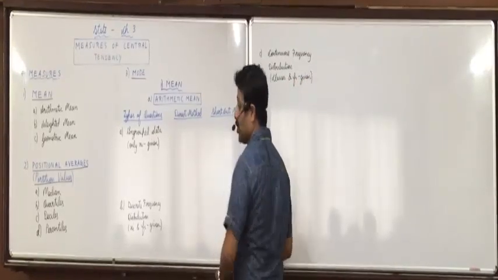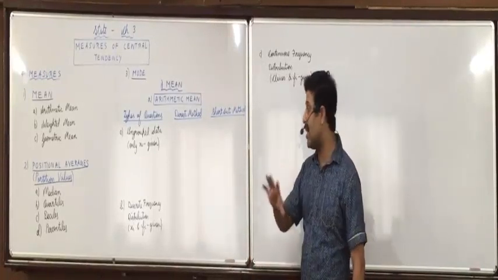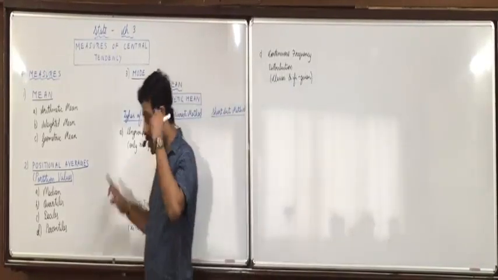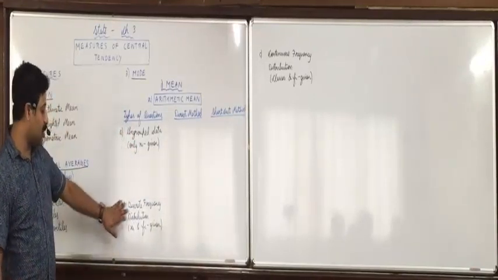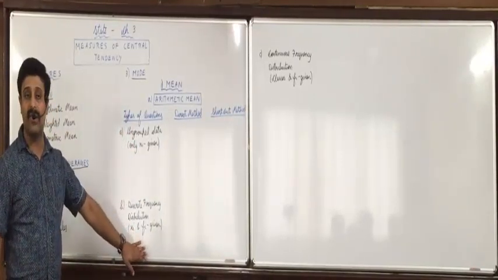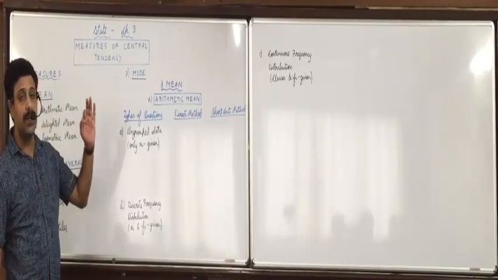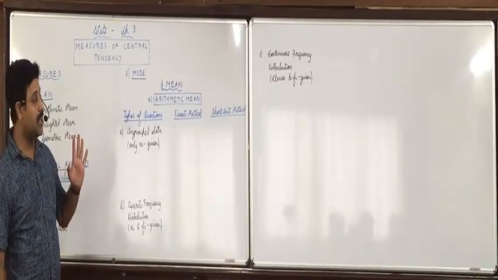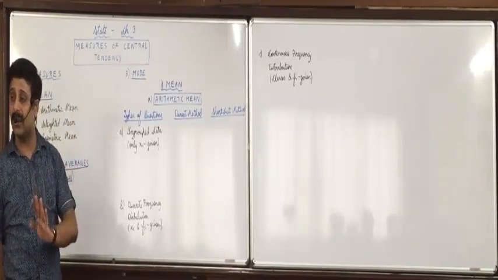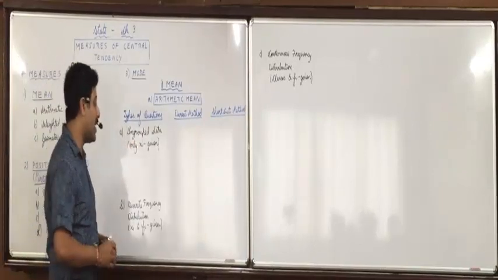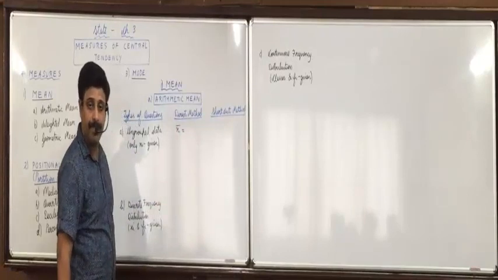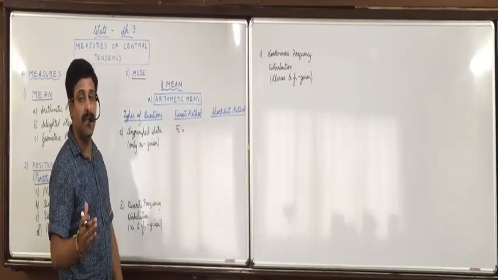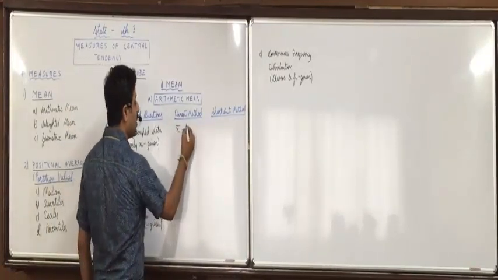So 3 types of questions will come throughout the chapter. One is ungrouped data, where only observations will be given. Second is discrete frequency distribution, where observations and frequencies will be given. Third is continuous frequency distribution, where classes and frequencies will be given. Now by direct method, the definition itself is the formula. Sum of observations divided by number of observations is the definition.